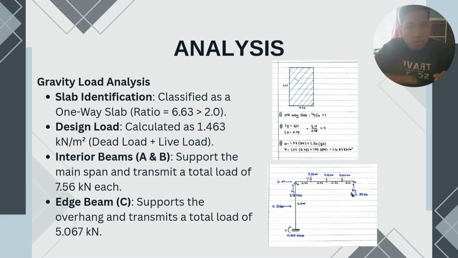And lastly, the H beam supports the overhang and transmits a total load of 5.067. There is also a calculation on the slide if you want to see more detail.